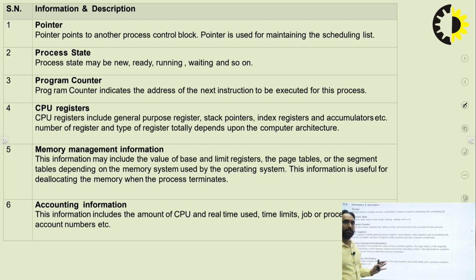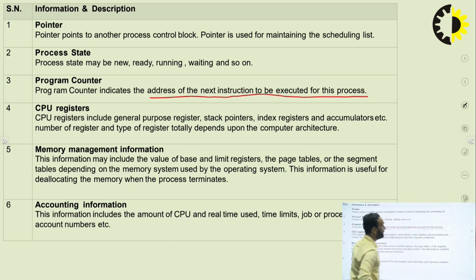It may be new, ready, running, waiting, and so on. Program counter indicates the address of the next instruction to be executed for this process. CPU registers include GPR, stack pointer, general purpose register, index register, and AC, for ALU operations executed with the help of the accumulator register.